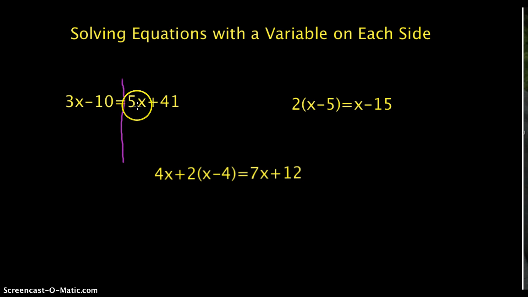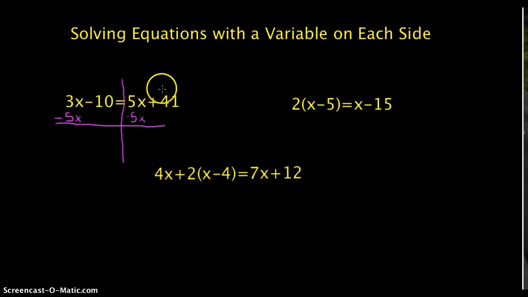So in order to take this 5x and bring it over here, I need to do the opposite. So I'm going to get rid of it by doing a minus 5x. If I do minus 5x on this side, I need to do the same over here. Minus 5x. So let's see where that leaves me.